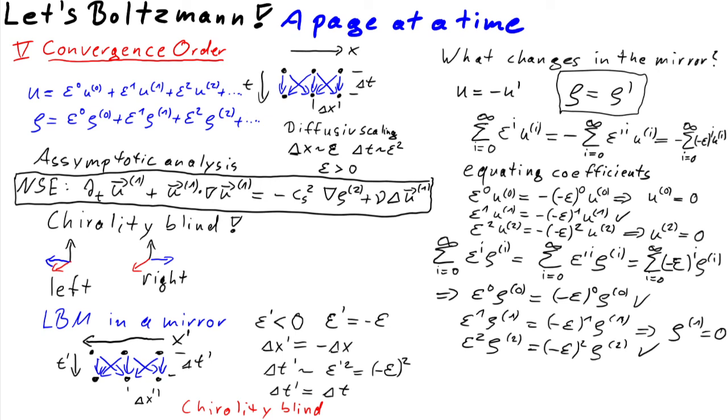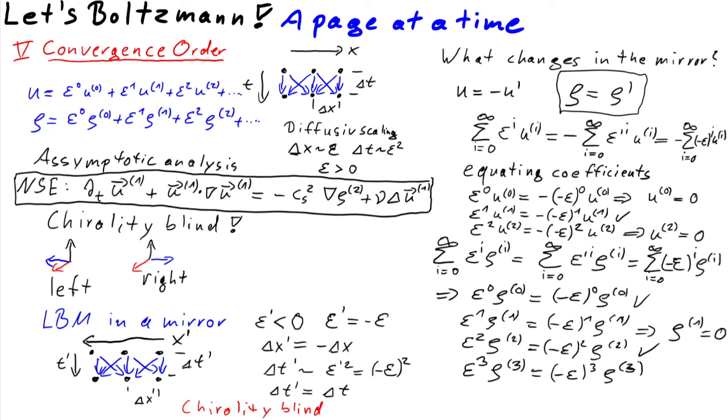And then at the next higher order, epsilon to the third order, rho third order is equal to minus epsilon to the third order, that is epsilon cubed, rho third order.